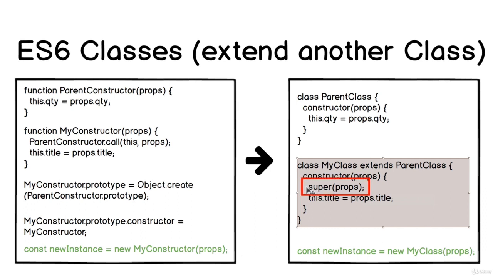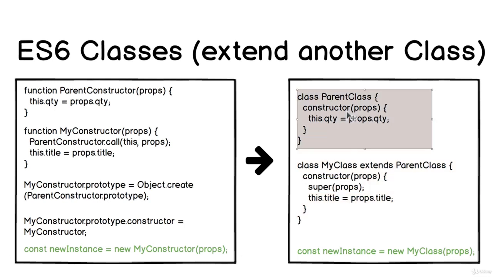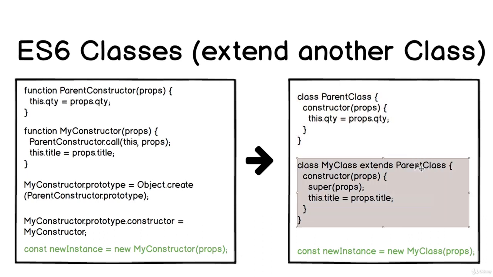Let's look at this line, super(props). Super is a reserved keyword in ES6 classes. If you use such syntax, you automatically call the constructor method of the parent class that is used on this line.